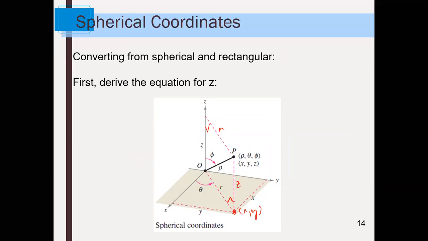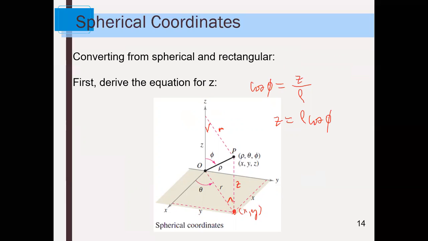So you know that cosine of phi is equal to adjacent, which is z, over hypotenuse, which is rho. So I get that z is equal to rho cosine of phi. That's exciting. So z is equal to rho cosine of phi.